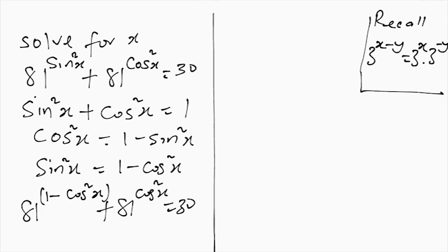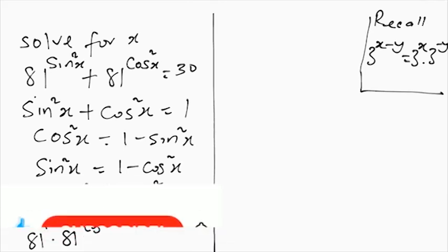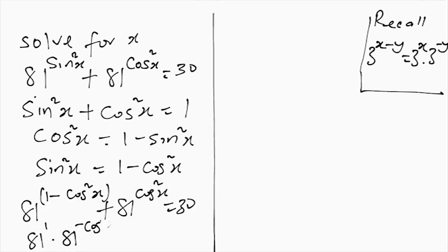So this will automatically become 81 multiplied by 81 raised to the power minus cos square x, plus 81 raised to the power cos square x equals 30.